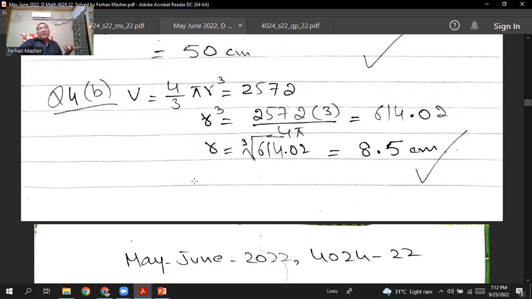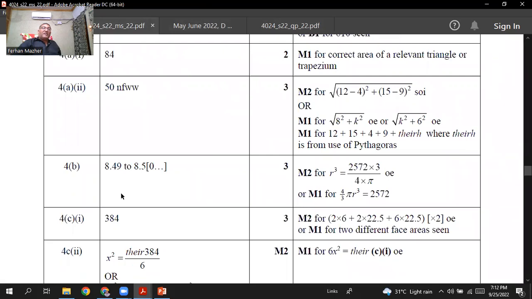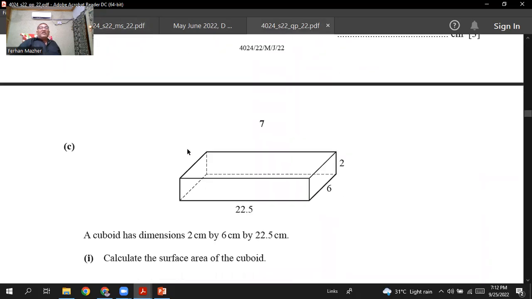So if you take the cube root or the third root on both the sides, so this will become r. And when you take the third root of the 614.02, the answer will be 8.5 centimeters. So this is how you do question number 4, and it's B part. Question number 4, this is 8.5 is the right answer, sir. You can see this answer here. Okay, so we are going to the next part.